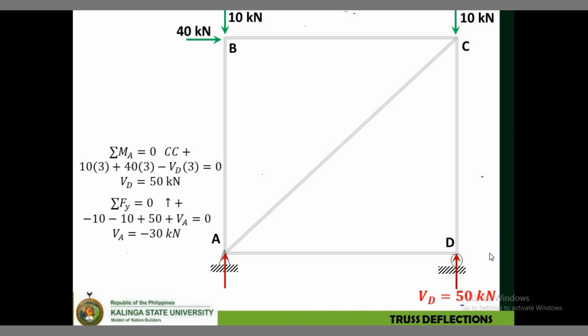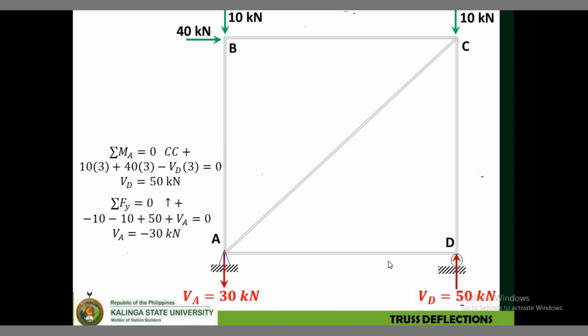If I take the summation of forces along the y-axis, I solve VA equal to negative 30 kilonewtons. What is this negative 30? If you look at my diagram, at point A I assumed the reaction is upwards, but my calculations show it is negative. This means the reaction at A is not upward; it should be downward.